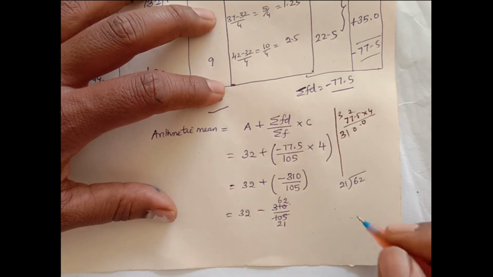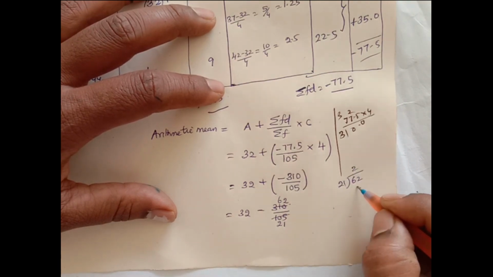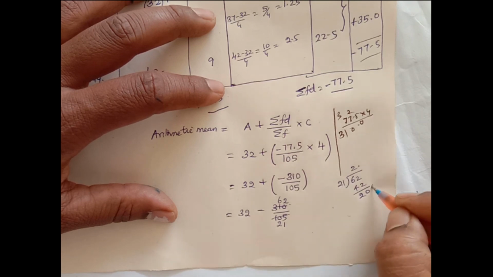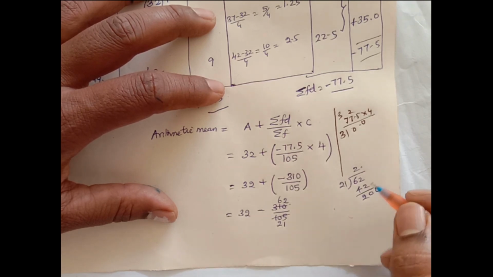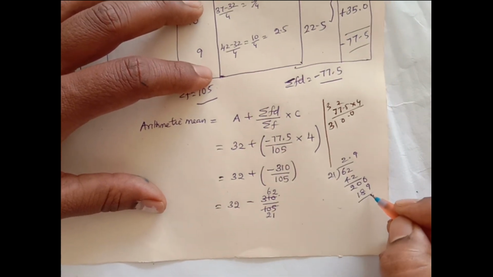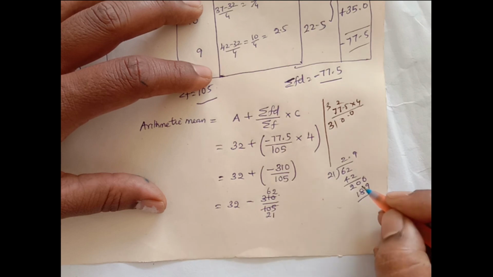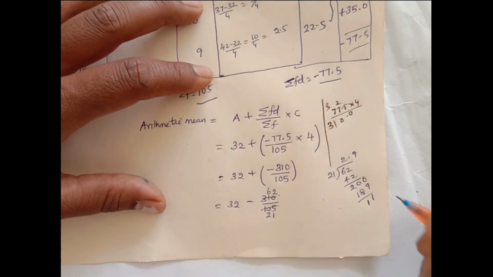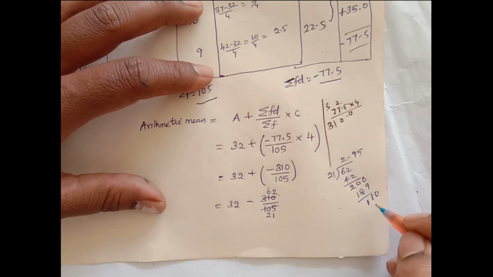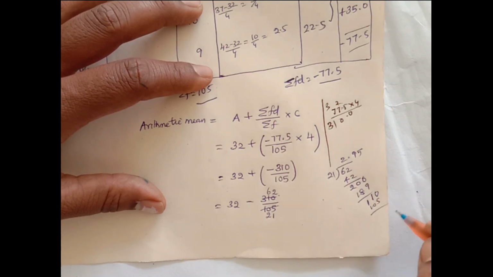So what do you get? 21 into 2, 42, 20.0, right? 9 times, 9 1s are 9, 9 2s are 18, 10 minus 9 is 1, 9 minus 8 is 1, 11, again take 0, 5 times, 5 1s are 5, 5 2s are 10, that is 105.